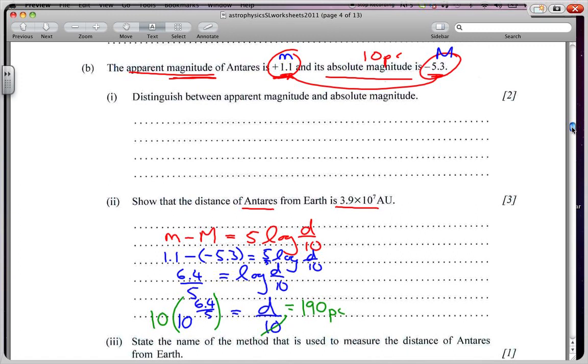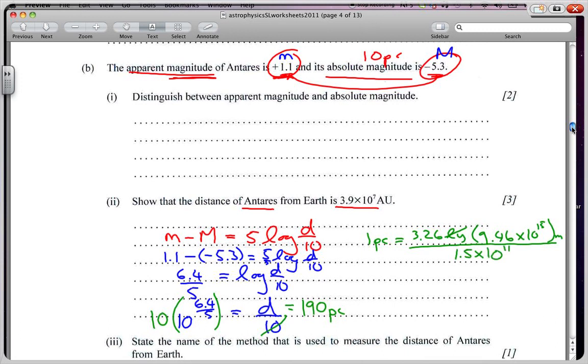Now I want to convert that into astronomical units. Now we know that one parsec is equal to 3.26 light years, and a light year is 9.46 times 10 to the 15 meters. So we multiply those two together. That will give us a value in meters, and we have that one astronomical unit is 1.5 times 10 to the 11 meters.